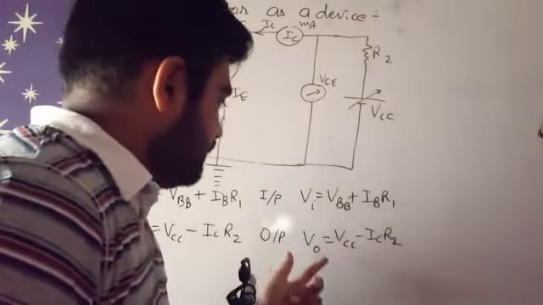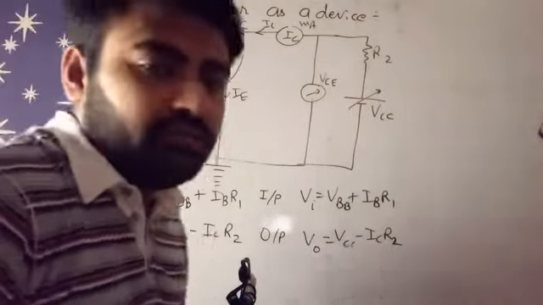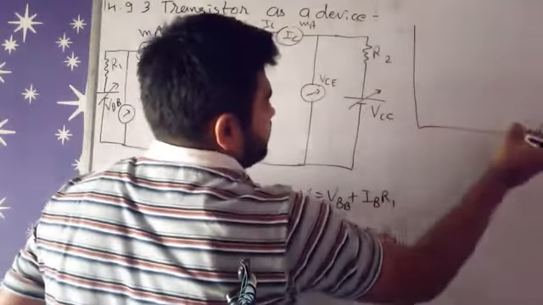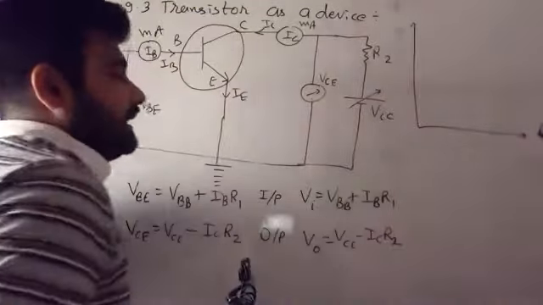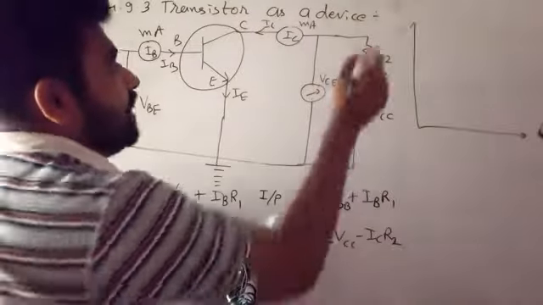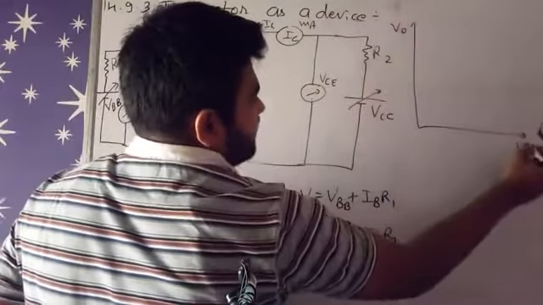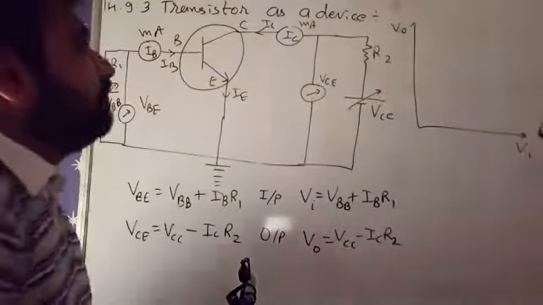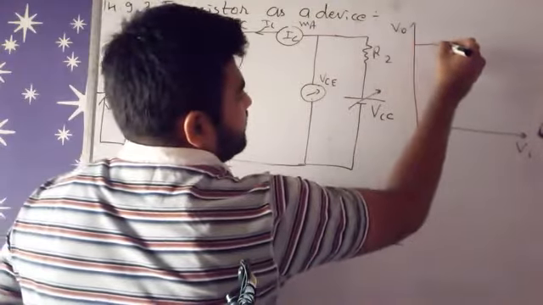Now input and output, we are having both the voltages. Now if I am drawing here one characteristic which is of VO versus VI, means output versus input, what we get here is a graph like this.